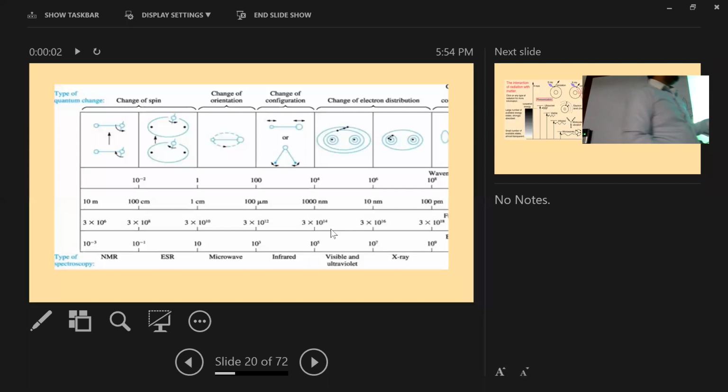So what I'm going to show you here: if we give energy in the visible and ultraviolet region, that can change the electron distribution. That means where I have given the 266 nanometer, that is in the UV region. So that much energy can change it.